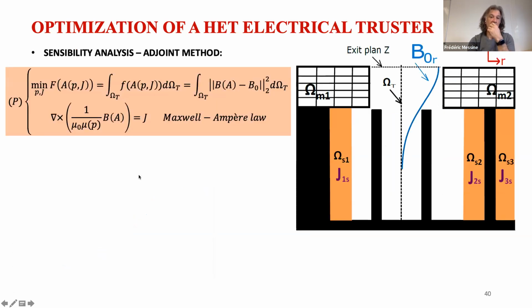Okay, so what I have to solve is this kind of problem on my side, to minimize, in fact, the difference between the magnetic field that we want to have for the efficiency of the thruster, named B0, and the magnetic field that we have to compute following the Maxwell equations that I give you here, okay.